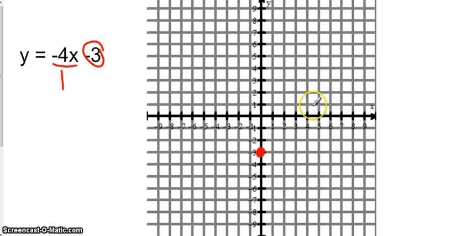Now notice on this one we have a negative slope, and remember, a negative slope is falling on the right side. It's going downhill, I like to say. So I'm going to rise 4 units, and I'm going to run 1. And again, I like to use at least 3 or more points. So I'm going to rise 4, excuse me, and run 1.